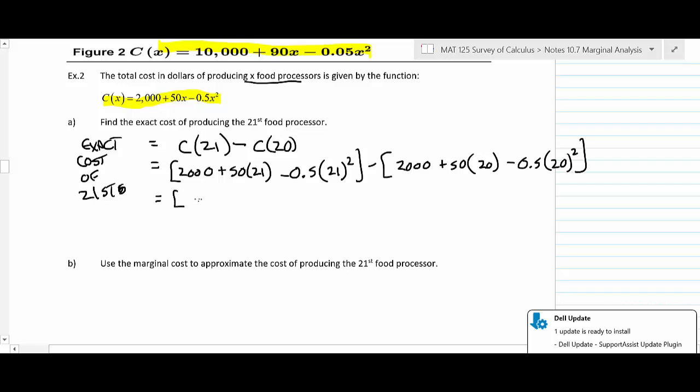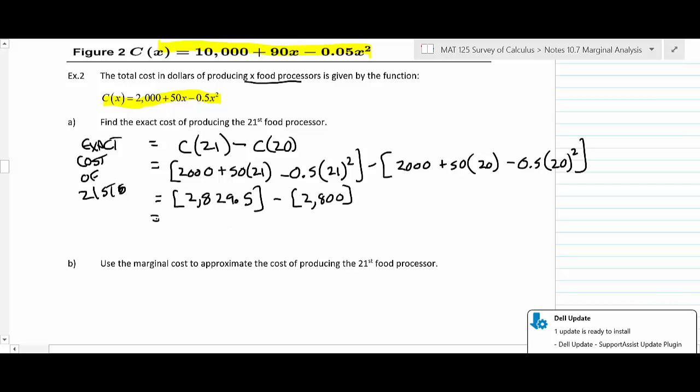So I'm getting 2,829.5 for the exact cost of the 20, or the total cost of the 21 items. And if I do the next one, I'm getting this 2,800.